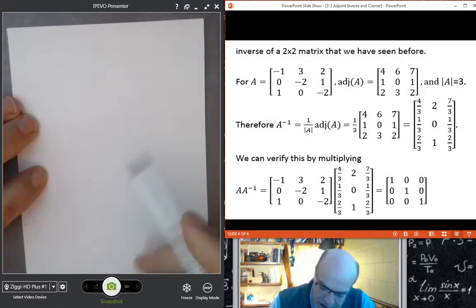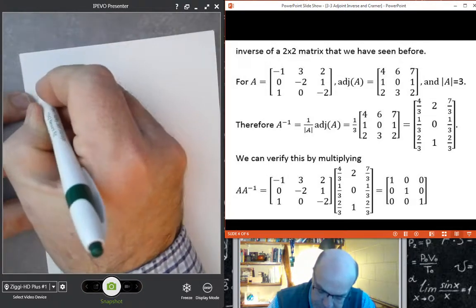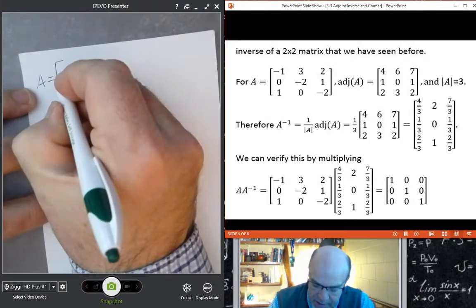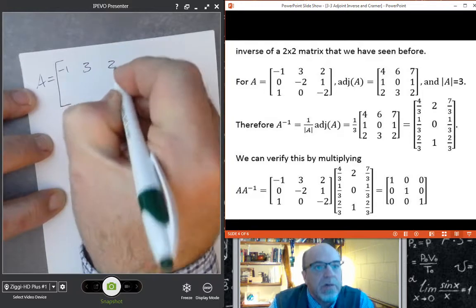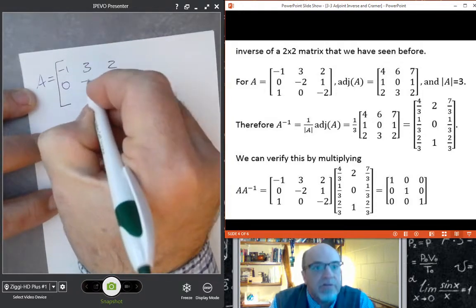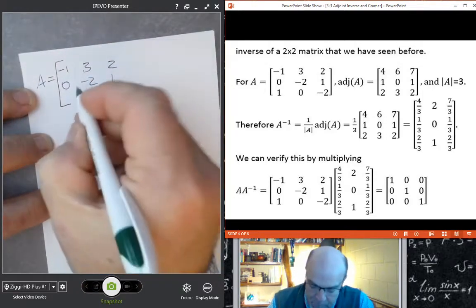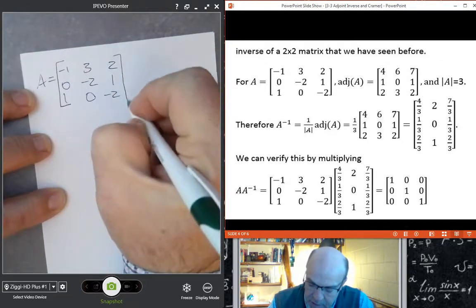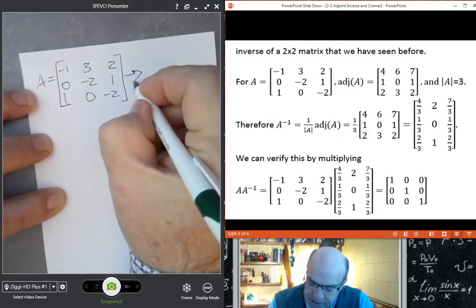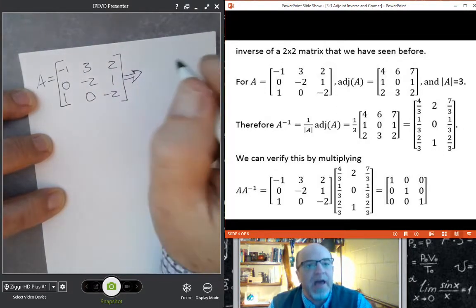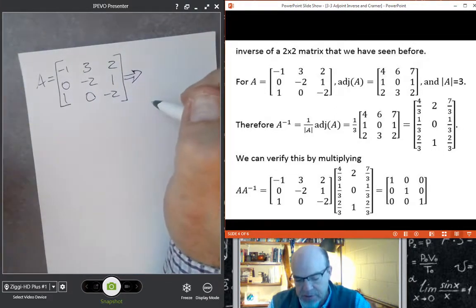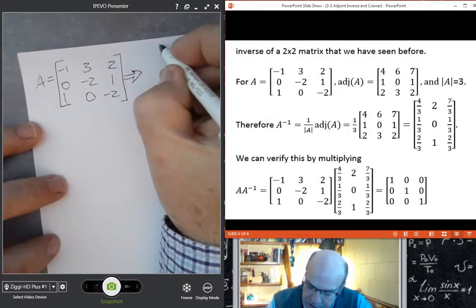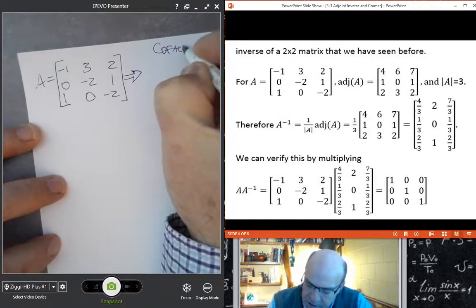So if this is our matrix A, and you've got -1, 3, 2, 0, -2, 1, 1, 0, -2, then let's take this a step at a time, because remember, the adjoint is the transpose of the cofactors. And so first of all, let's figure out the cofactors.